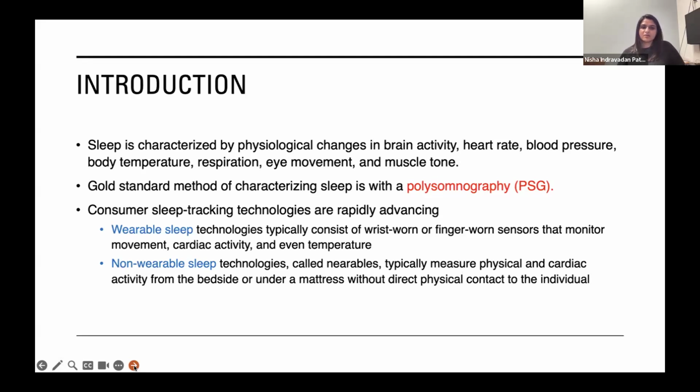The other type of device is a non-wearable. They're also called nearables. They're typically measuring physical change, cardiac activity from the bedside or even under a mattress, and they do not have any direct physical contact with the individuals.